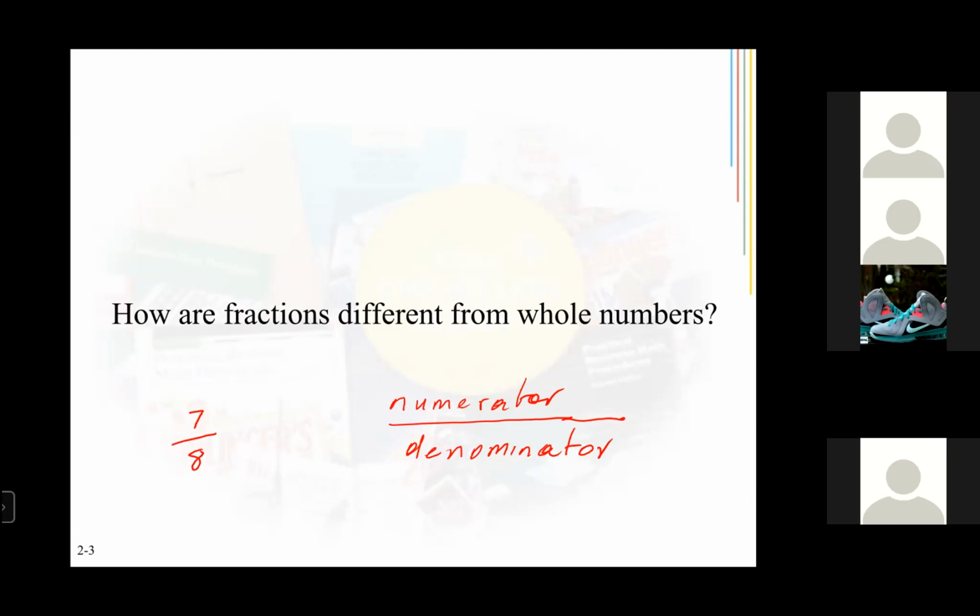So a fraction basically tells you first how many parts you divided the whole into, and then the numerator, how many of those parts you're taking out. And this type of fraction is referred to oftentimes as a common fraction. A common fraction will have a numerator, a denominator, and a fraction bar separating the numerator from the denominator.